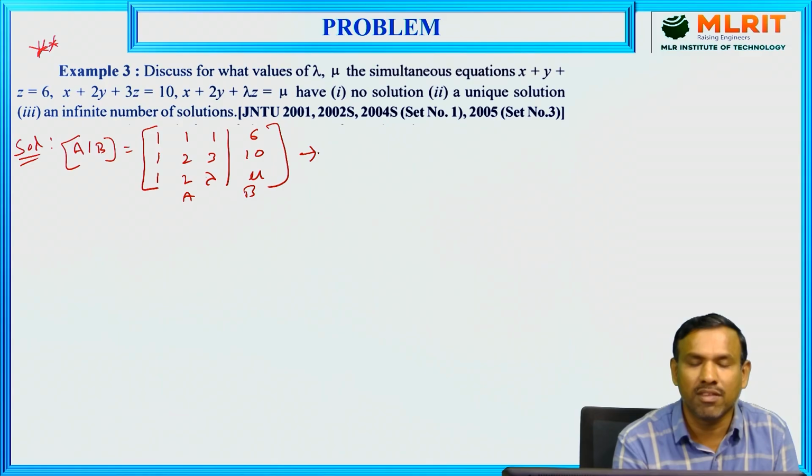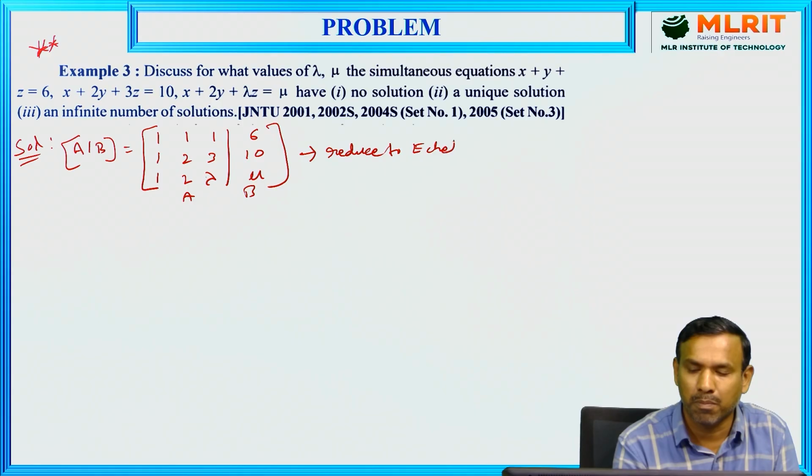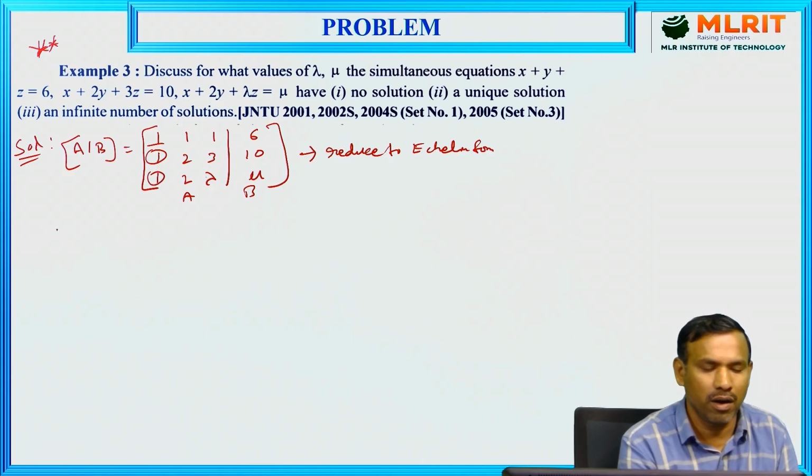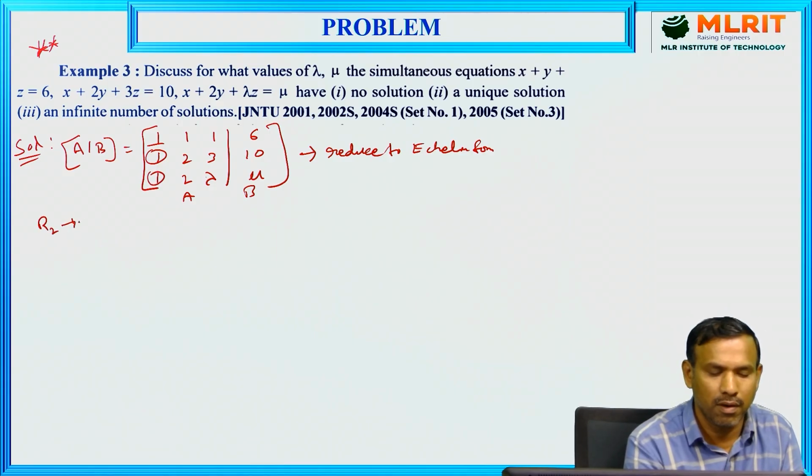Again the same methodology we will follow: reduce to echelon form. What is the echelon form? We know very well. So using the first row we make the below two elements 0. That is R2 implies R2 minus R1, R3 implies R3 minus R1.